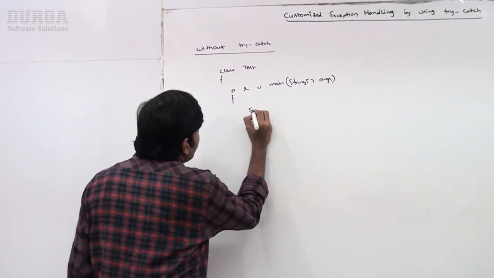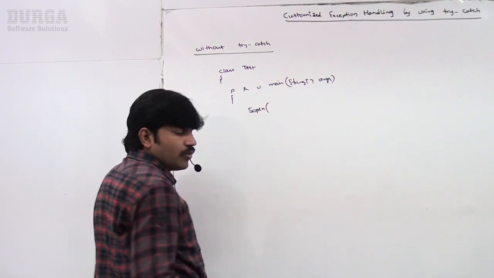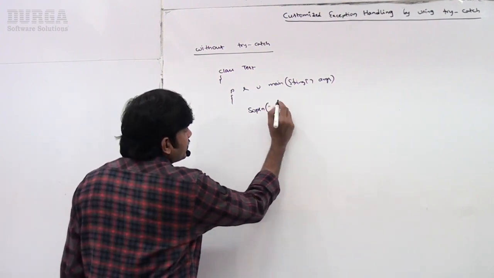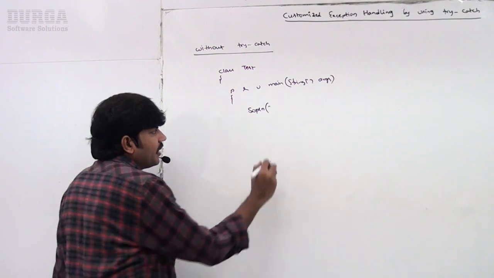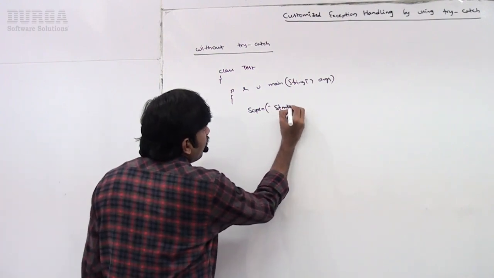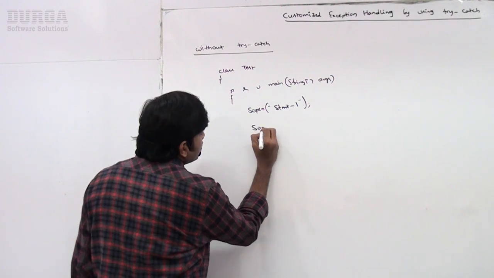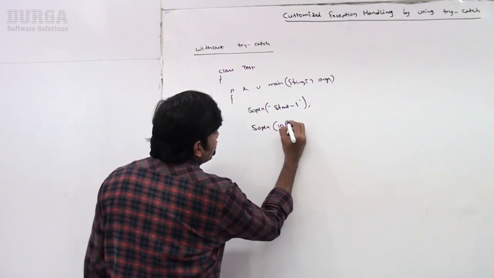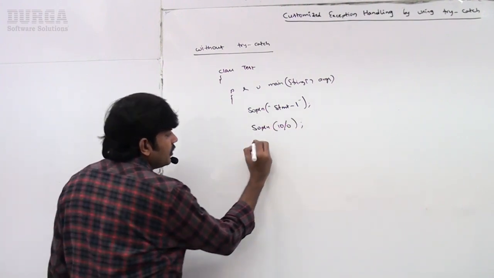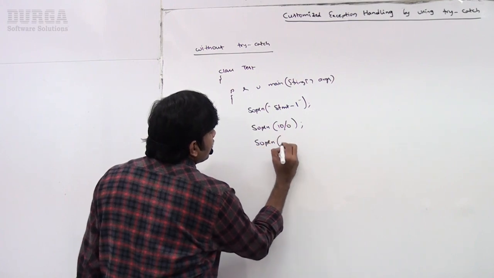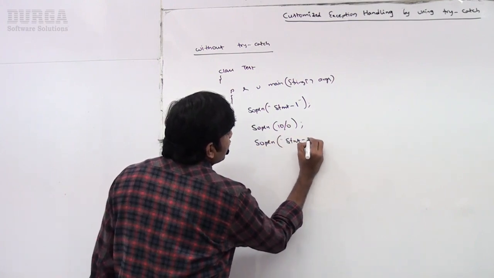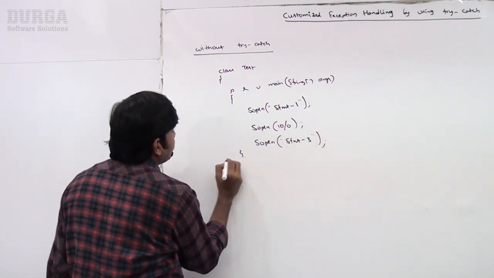Now, System.out.println statement 1. Next, System.out.println of 10 by 0. Then System.out.println statement 3, that's all.